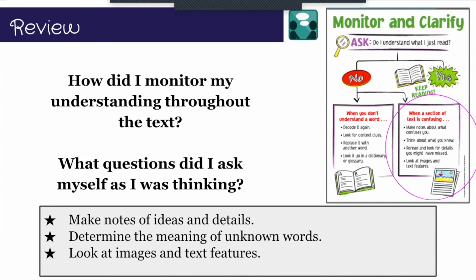We'll determine the meaning of any unknown words we come across using our strategies, and we look at the images and text features to help clarify anything that we might misunderstand. Go ahead and let's continue to the next activity.